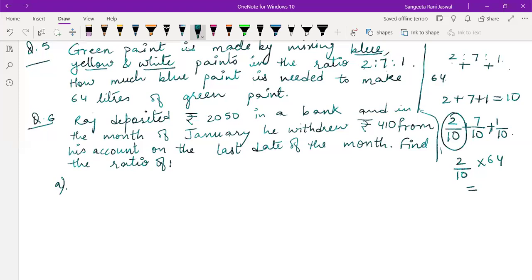So 2/10 of 64 will be 12.8. So that means blue paint is 12.8 liters. This much blue paint is used in making the green paint. Got it? Yes, ma'am. Okay. We write the parts now.